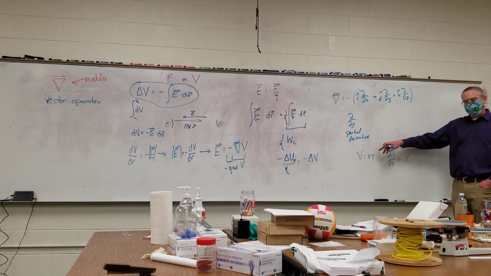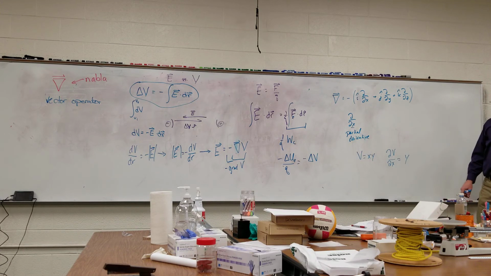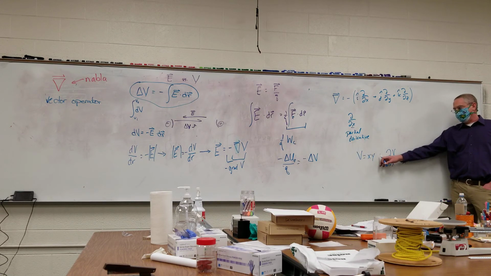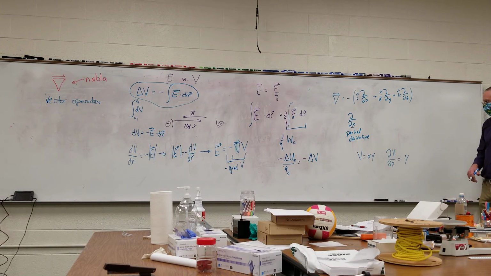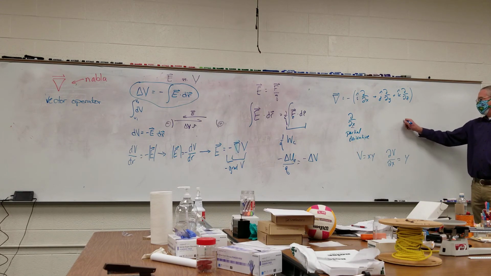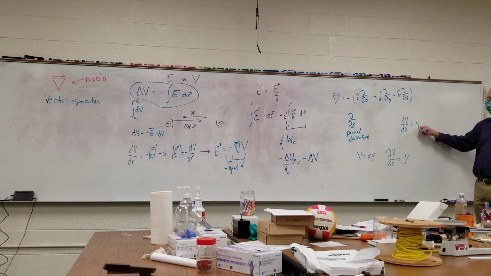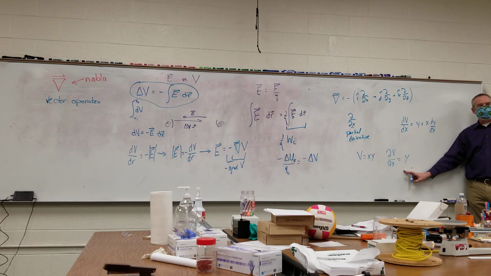Even if y is dependent upon x, you assume it's constant when you're doing the partial derivative. If y is a function of x, then you cannot do that if you're doing just a straight up derivative. Then straight up dV dx would be y plus x times dy dx. That's the normal derivative. Partial derivative, a lot simpler.